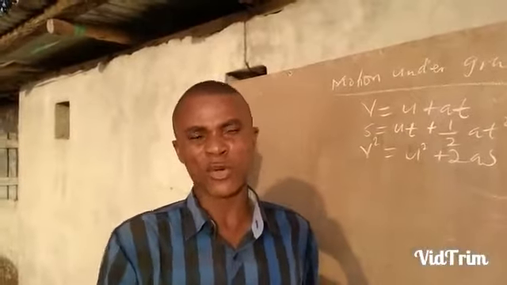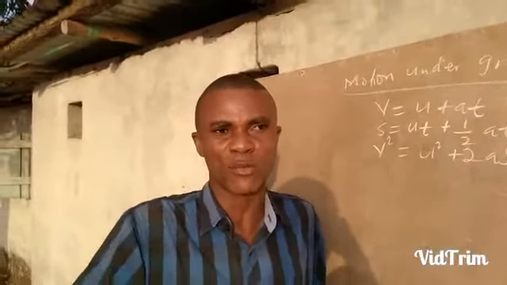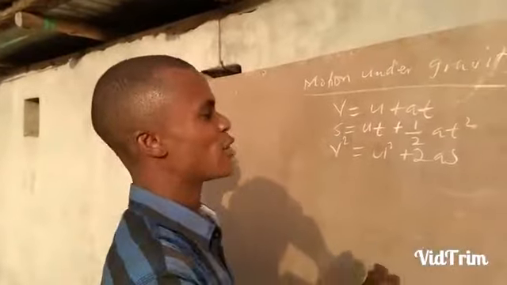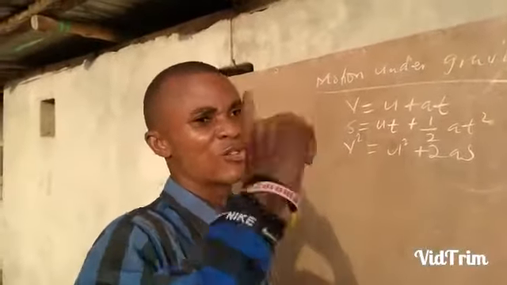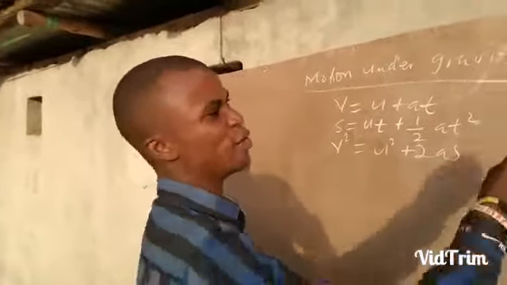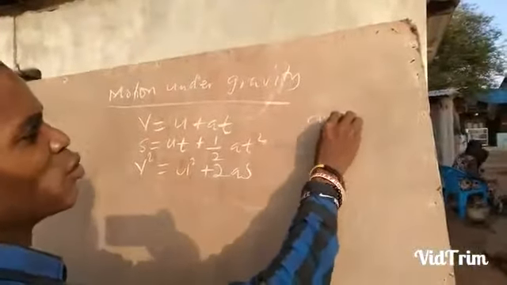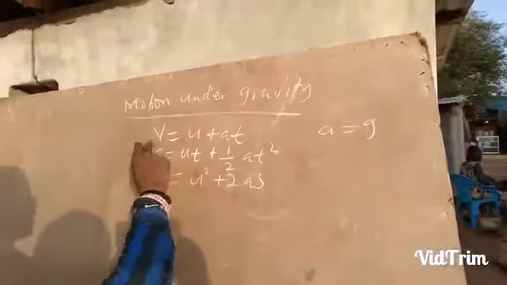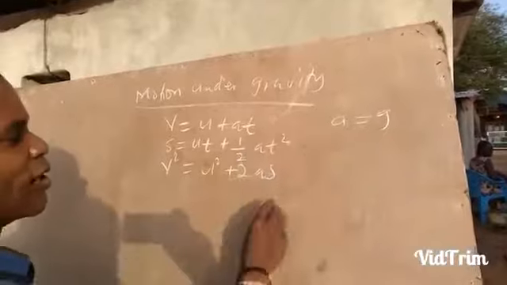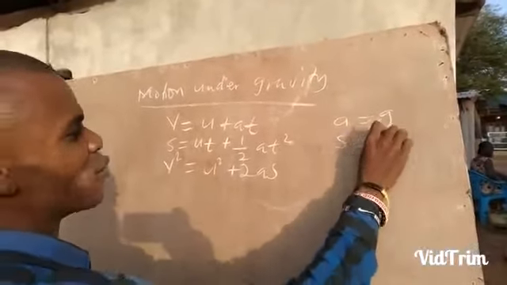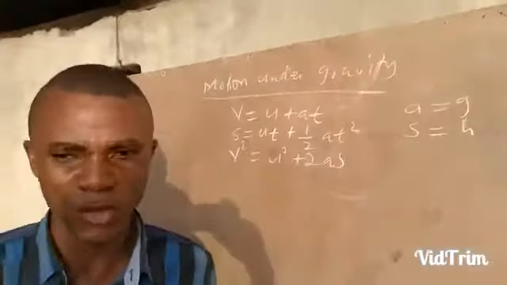Now, when we want to look at motion under gravity, anytime you want to discuss it, you always change the A to G. That means all the A's that you are seeing here change to G, and all the S's that you are seeing change to H. Those are the basic things that you should know.